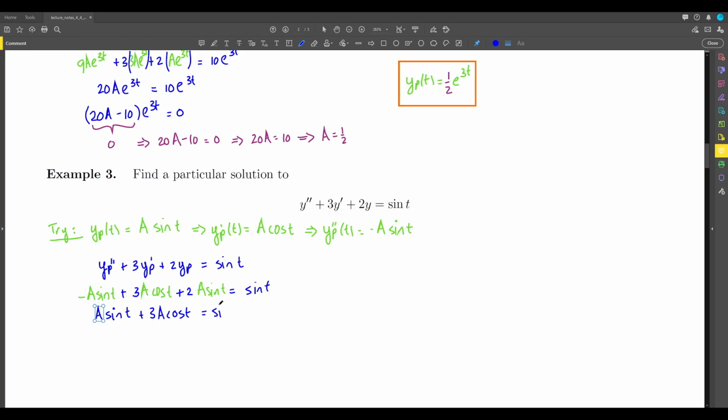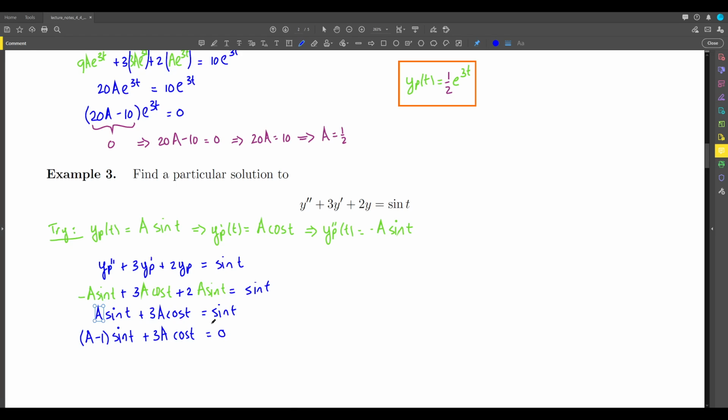That equals sine of t. Now let's bring the sine of t to the left, and we have a minus 1 times sine of t plus 3a cosine of t, and that's 0.